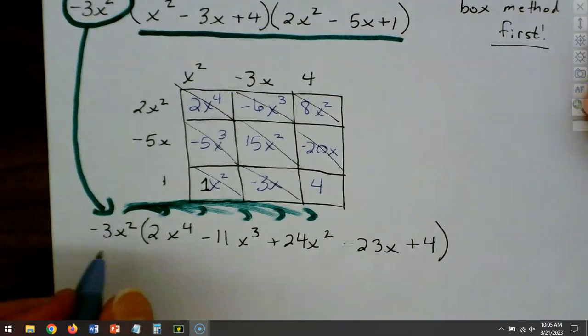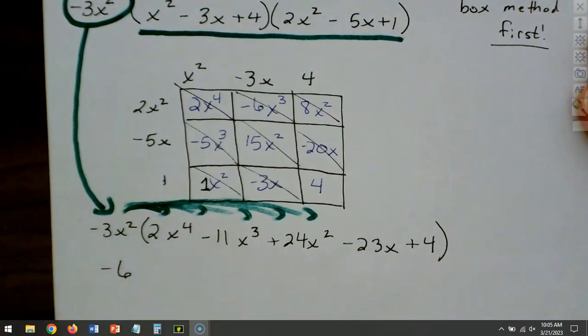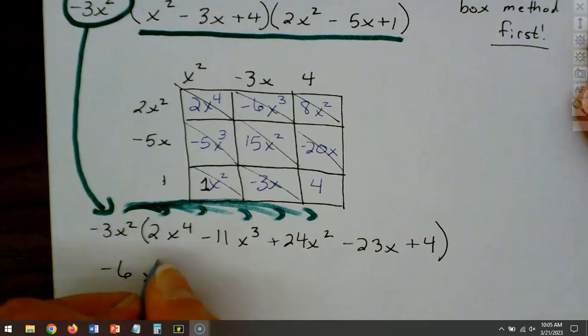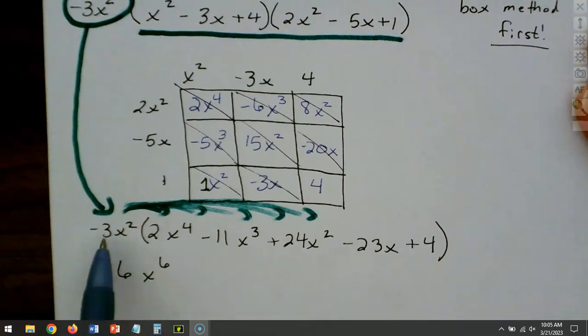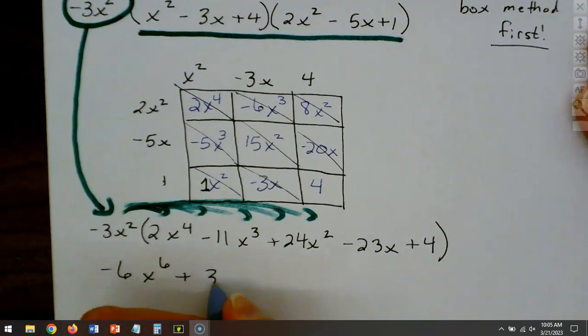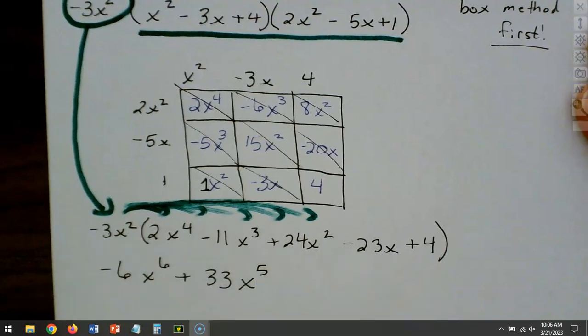Minus 3 times 2, that makes it a minus 6. We have 2 x's, 4 more makes it x to the 6th. Double negative makes it a positive. 3 times 11, that makes it a 33x to the 5th. Then we have minus 3 times 24.